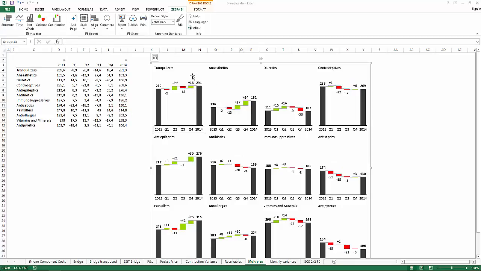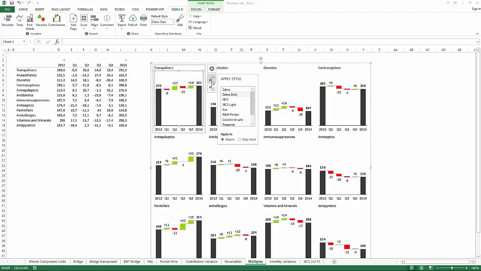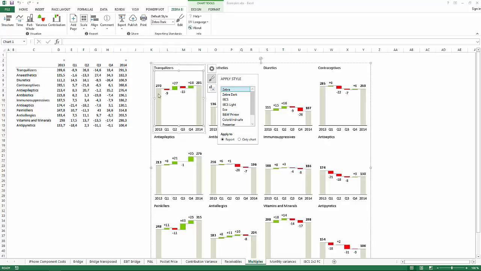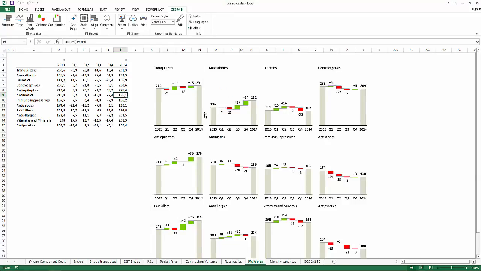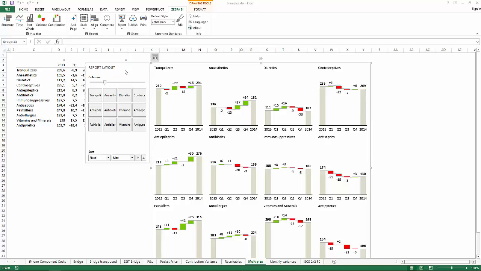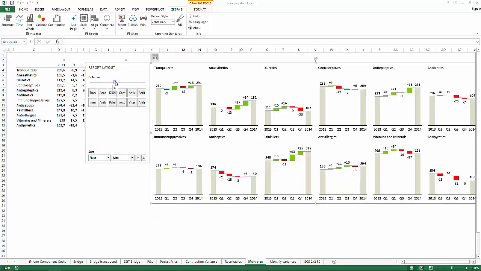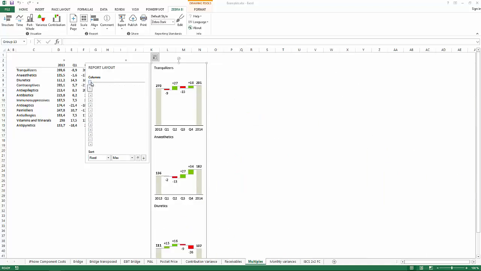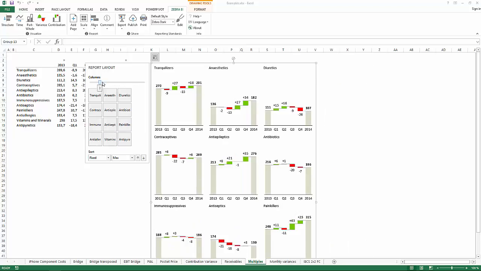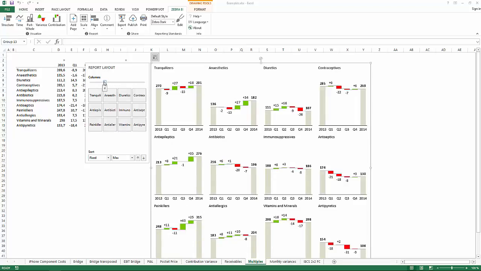And now if you change the style on one chart and select another style, whatever you do on one chart will be transferred to all other charts. You can now change the layout. So for example, if you're using widescreen projectors, or if you're designing for, I don't know, iPhone or something, you will use wider, narrower, more narrow, and so on.